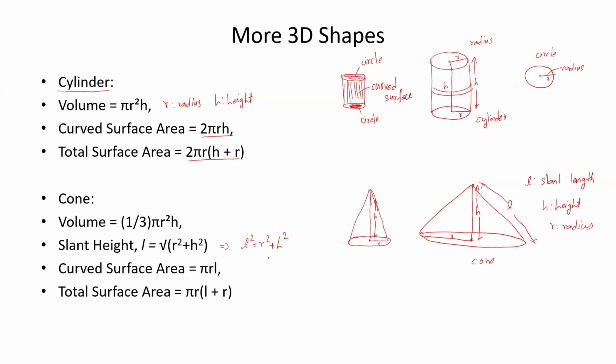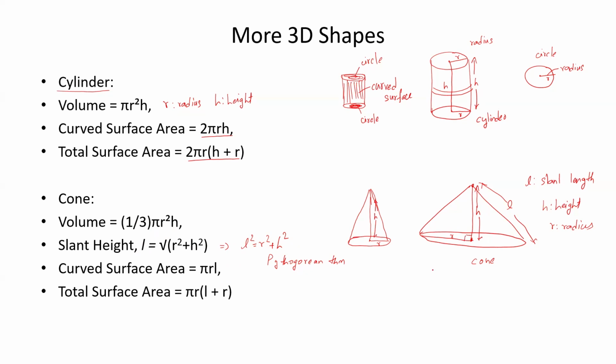It is coming from Pythagorean theorem. We have already covered this in 2D shape. So L square is equal to R square plus H square. So this L square is equal to H square plus R square because it is making a right angle triangle. You can see that.